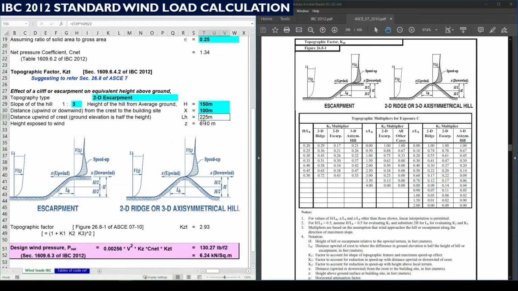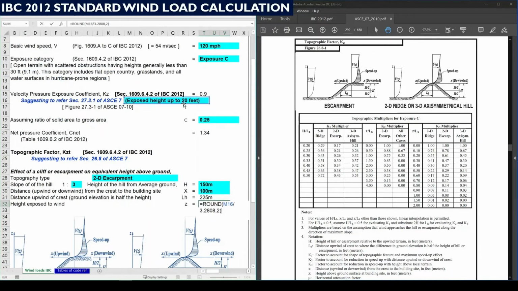Similarly, this L_H distance is calculated as the slope we have is 1 in 3 and the height is 150, so 150 into 3 divided by 2, as we are taking half of the distance length alone. Then the distance of upwind is calculated, and the height exposed we are considering here as 20 feet. The 20 feet converted into meter is 6.1 meter now.